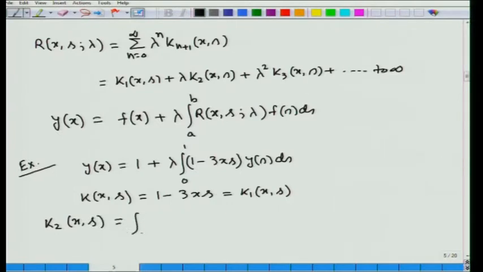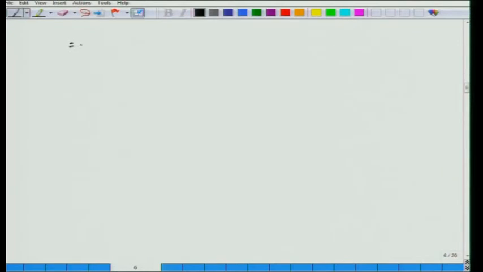Next we have to calculate this k2(x,s). By definition, this is the integral from 0 to 1 of k(x,xi) multiplied with k1(xi,s) d xi. So, with k(x,s) equal to 1 minus 3xs and k1(x,s) equal to 1 minus 3xs, we can write this as the integral from 0 to 1 of (1 minus 3x xi) multiplied with (1 minus 3 xi s) d xi.